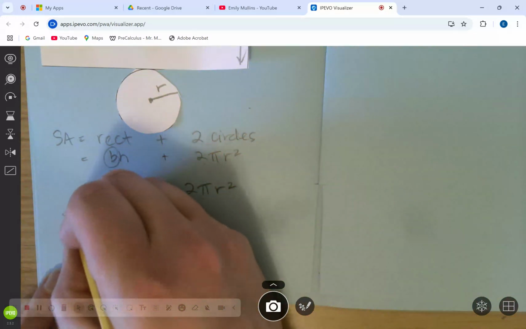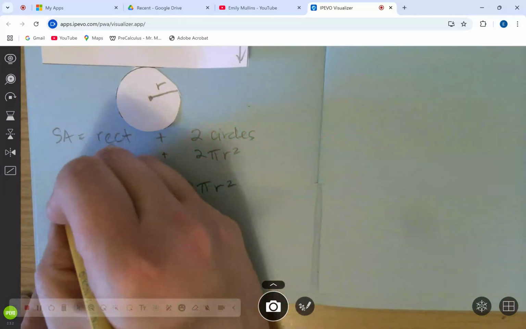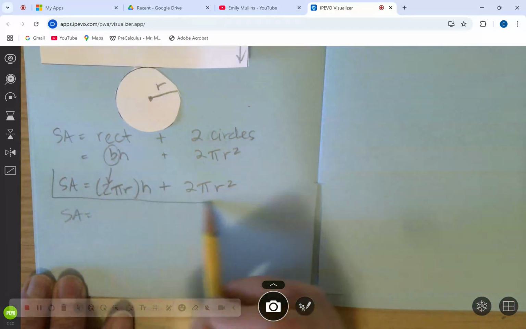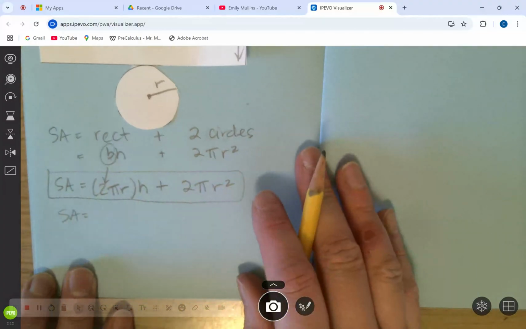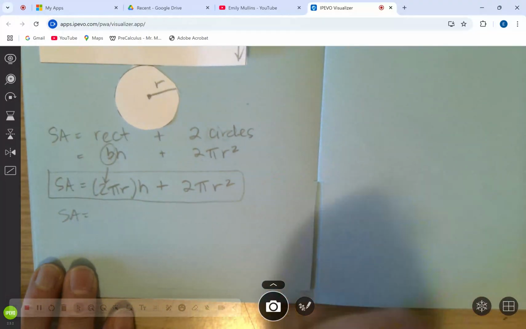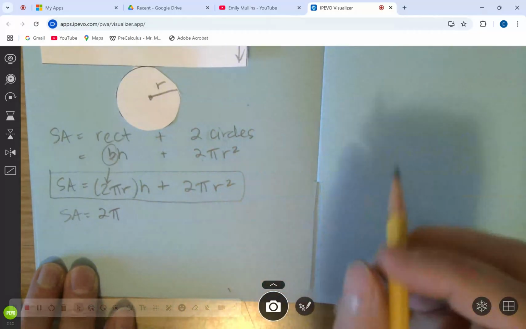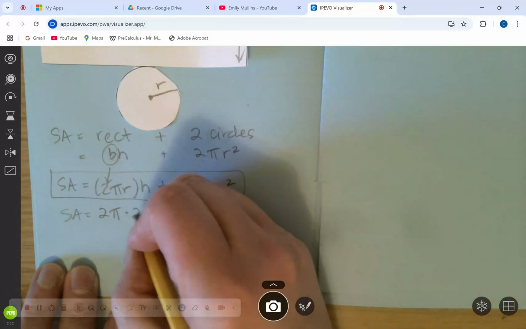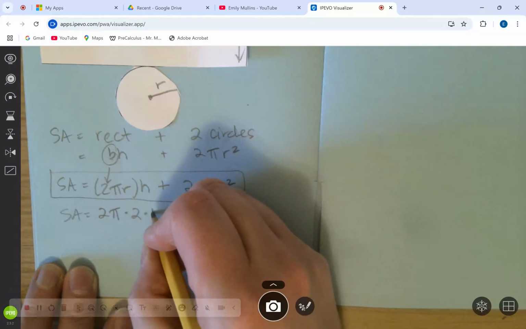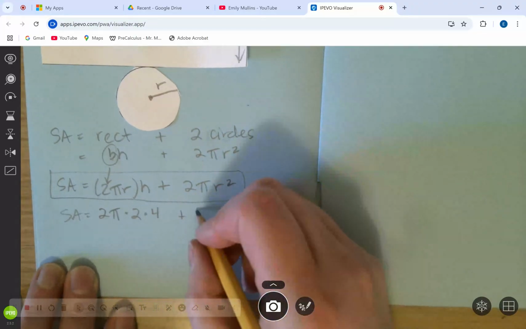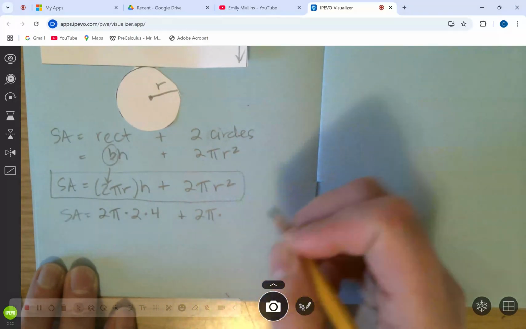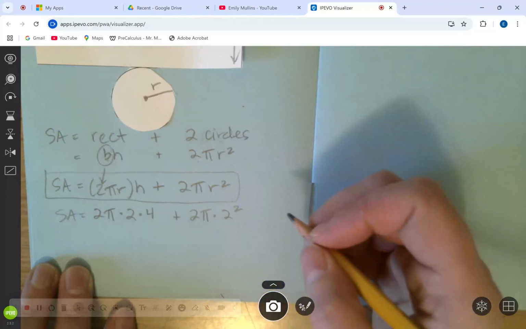So to find my surface area here, this is kind of like a formula, but we're going to go through and use it. So to find my surface area, I need 2 times pi times my radius, which is 2, times my height, which is 4, plus 2 pi times my radius, which is 2, squared.